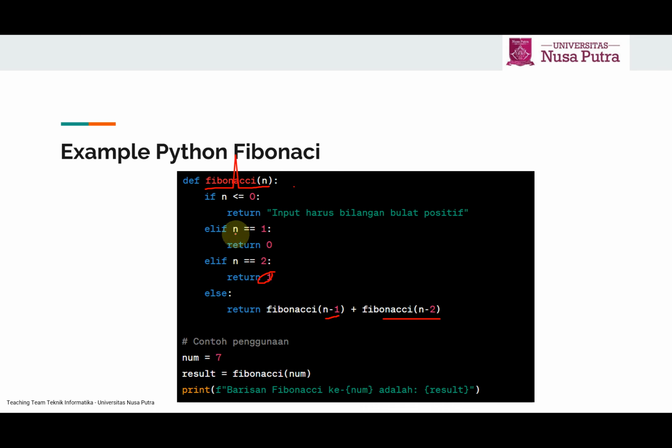For n equal 1, it shall be 0, and for Fibonacci 2 it shall be 1 for the initialization. For the else, Fibonacci n minus 1 plus Fibonacci n minus 2, something like that.